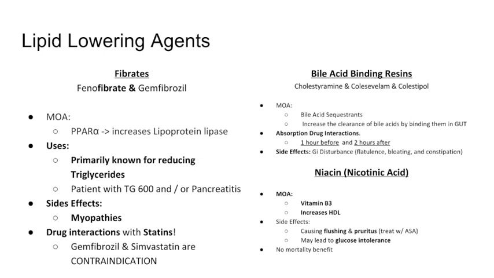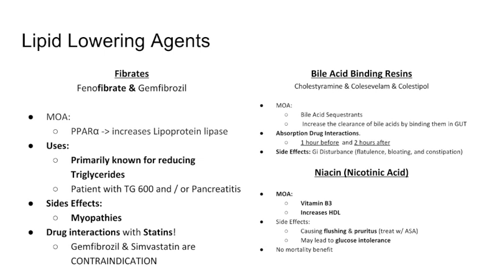So they're primarily used for reducing triglycerides. So you just want to remember fibrates and triglycerides. For example, if you have a patient with extremely high triglyceride level, you'd put them on a fibrate. Or if they're having a triglyceride-induced pancreatitis, we can put them on a fibrate to reduce the triglyceride level. So just link those two things together.